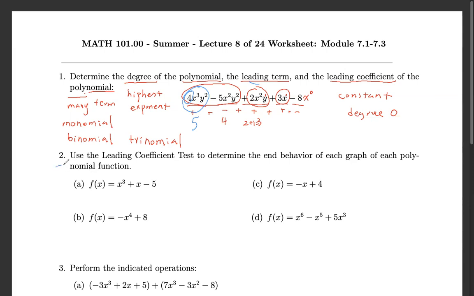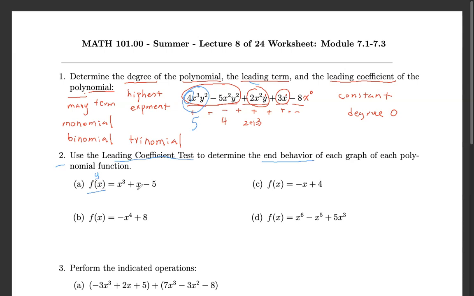Now let's look at question 2. Use the leading coefficient test to determine the end behavior of the graph of each polynomial function. So f of x, before we called it y, right? y equals x cubed plus x minus 5.